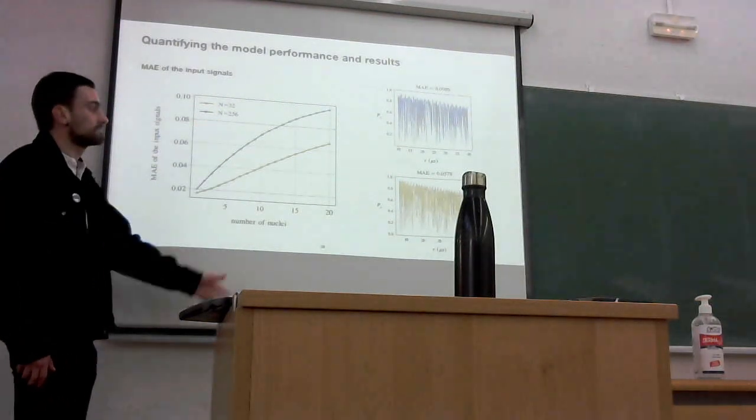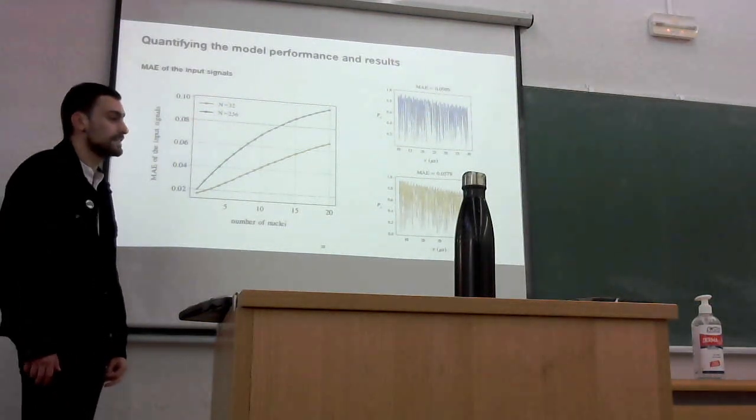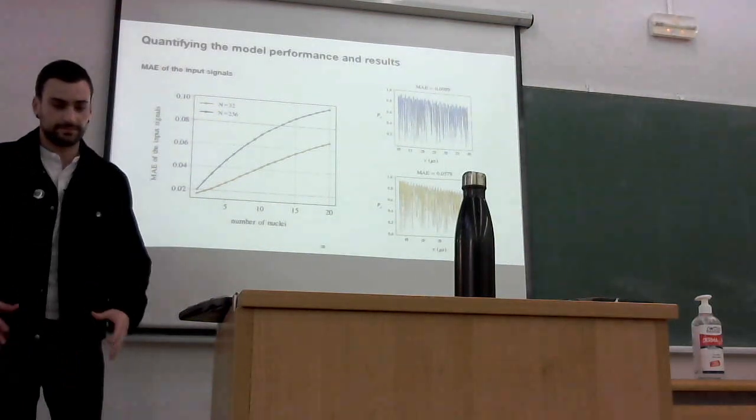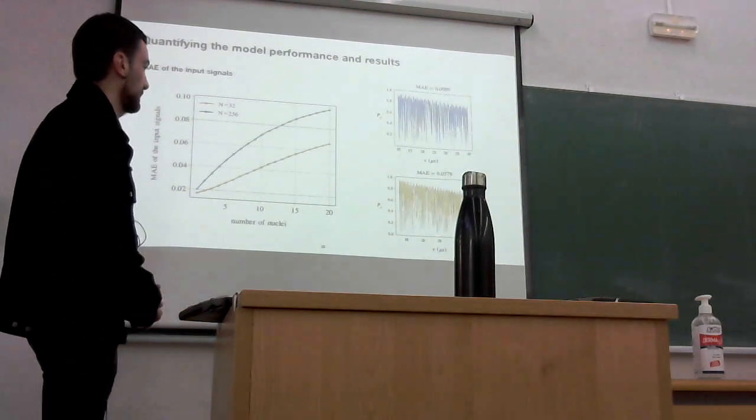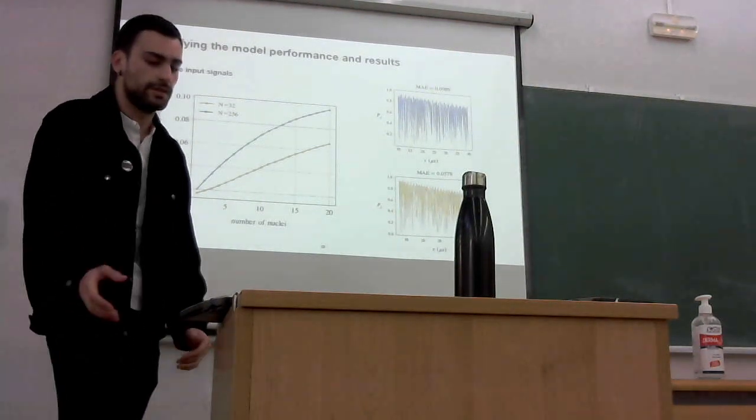This is the mean absolute error for these signals, and in this way we thought that more or less the analysis was complete using these four metrics, and you can get an idea of how it works.